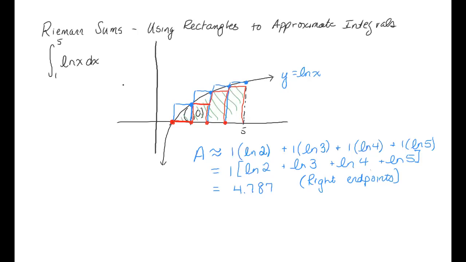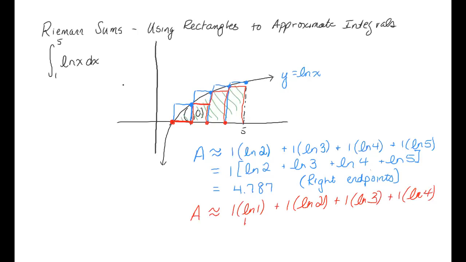And in this case, because the graph is concave down, these left rectangles are going to be an underestimate. So we could do this again and say area is approximately 1 times ln 1 plus 1 times ln 2 plus 1 times ln 3 plus 1 times ln 4.